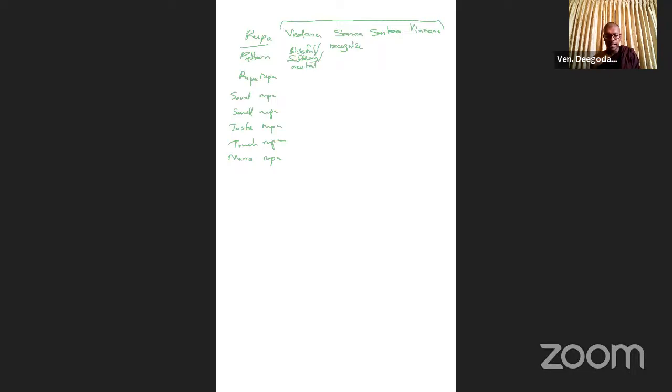Note that these different components of Pancakkandha, though they work in unison, though they work together, have different parts to play. Without even one, this system would not work.